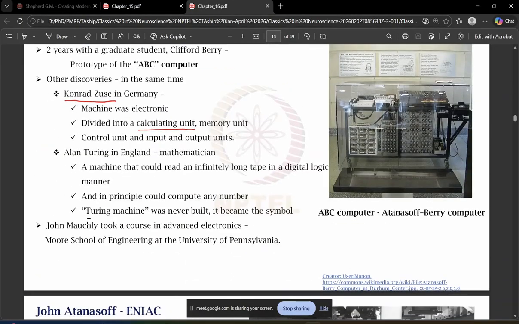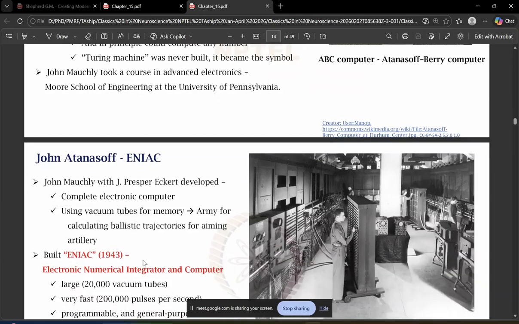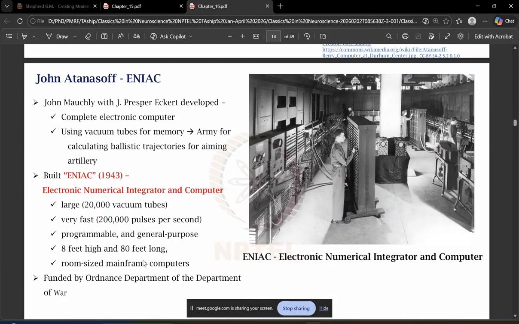Then John Mauchly went on to take a course in advanced electronics, and he himself decided to make a digital computer. John Mauchly, together with a brilliant young investigator known as Presper Eckert, developed this computer called ENIAC. ENIAC is an abbreviation for Electronic Numerical Integrator and Computer.